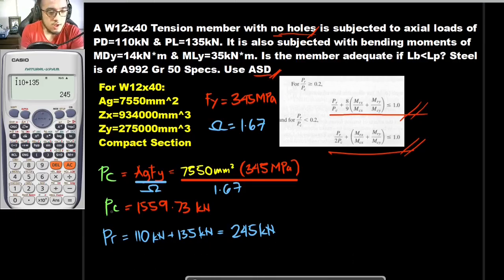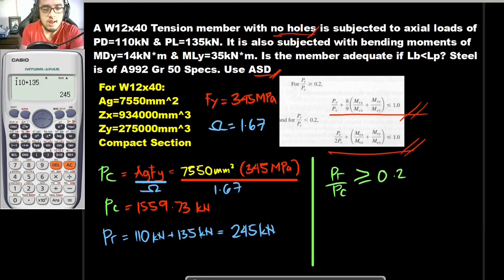Okay, so if we already have the values of our PC and PR, we would now be solving for the ratio of our PR and PC. So PR divided by PC. So our question here is, is it greater than or equal to 0.2, or is it less than 0.2?